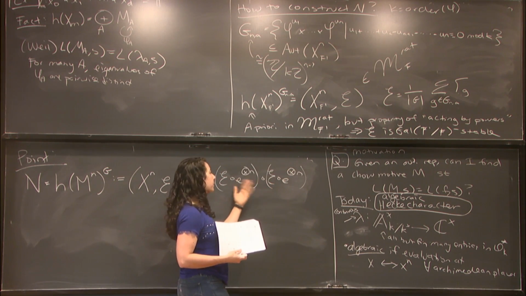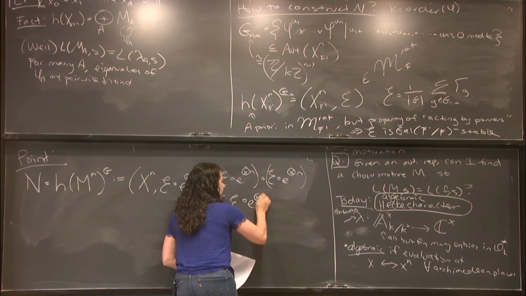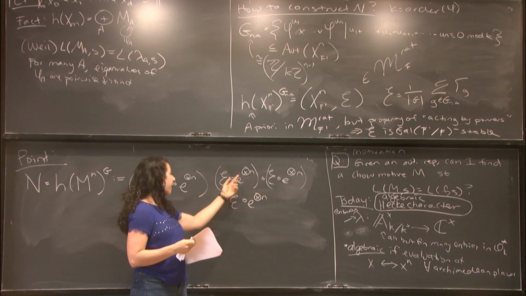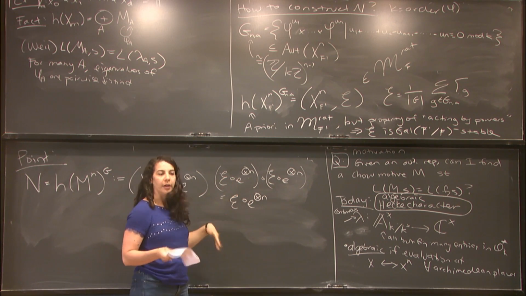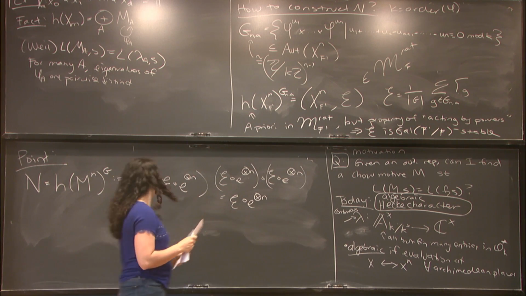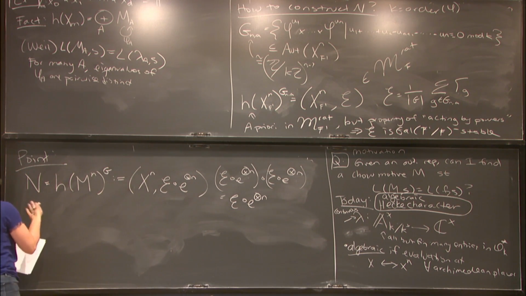And then we can just exploit, so we need that this is equal to, since phi can move past e, we move epsilon past e, use the fact that epsilon and e are both idempotents to begin with, and then reduce to this form. Okay? So this is the motive we want.